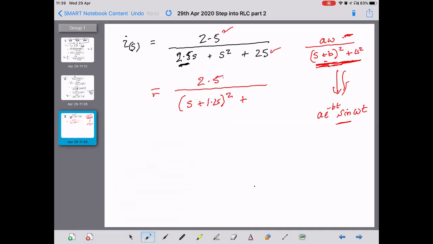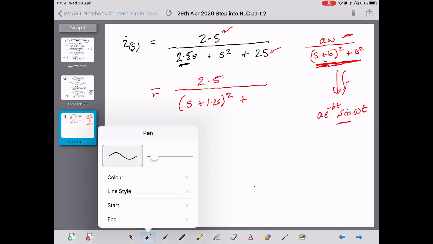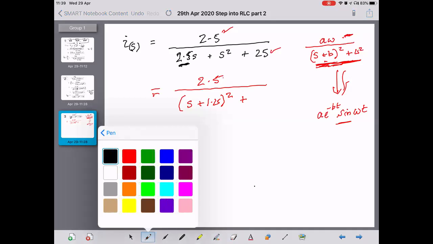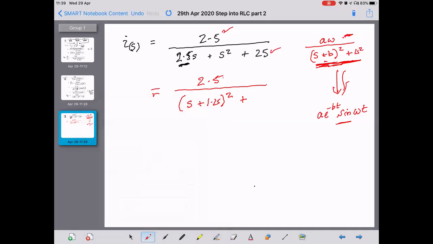And then the remainder on the end here is equal to 25 minus the 1.25 squared that we get from multiplying those brackets out.